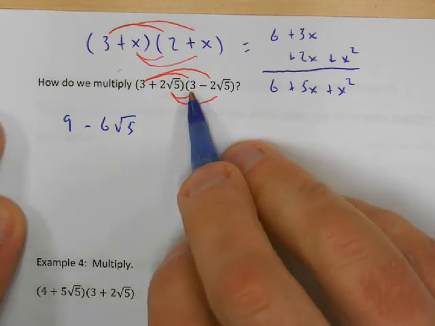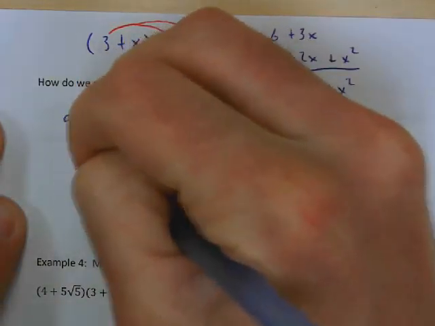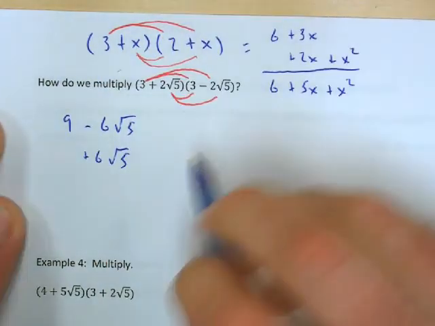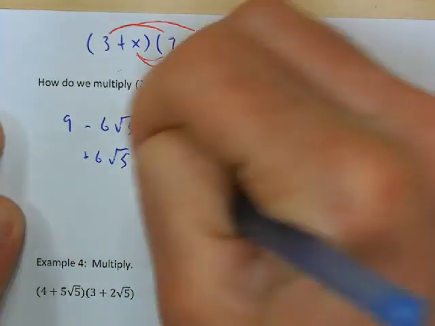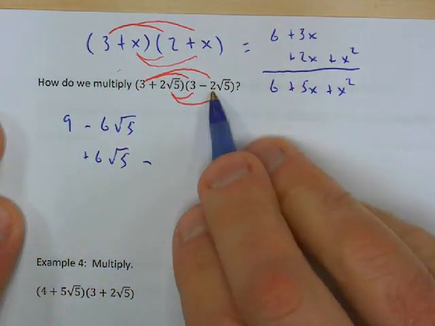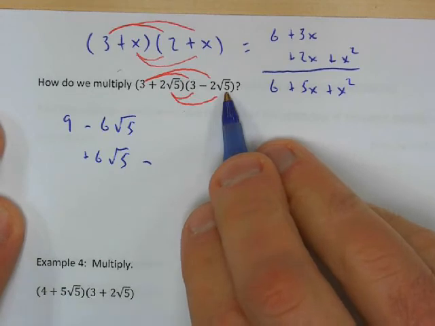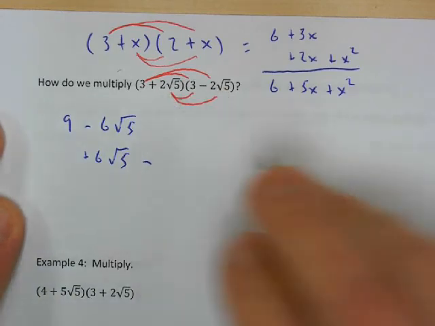Okay, so 2 root 5 times 3 is going to be positive 6 root 5. And then a positive times a negative is negative. And then this one's a little bit tricky. Here we got 2 times 2 is 4. And then root 5 times root 5, well, that's root 25, which is just 5. So I get 4 times 5, which is 20.